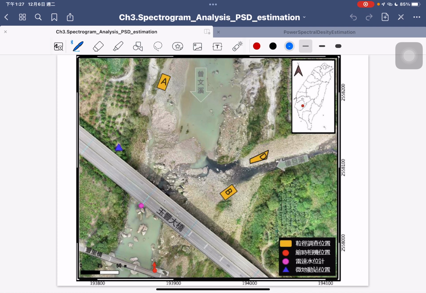One is from the triangle, where we put the seismic sensor, which records the seismic signals. And there is a water gauge station, so we have the water level data from this point.